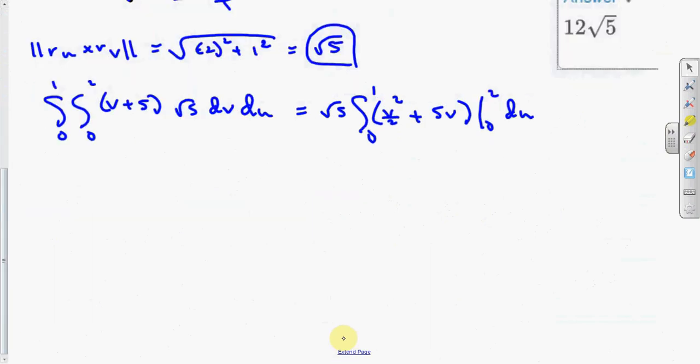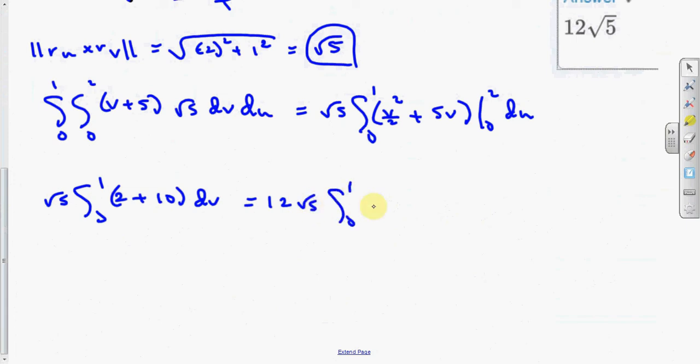So that gives us the square root of 5 times the integral from 0 to 1. This is 4 divided by 2, that's 2 plus 10, dv. So we get 12 times the square root of 5 times the integral from 0 to 1 of dv. This is just 12 square root of 5 times v, evaluated from 0 to 1. That's just 12 times the square root of 5.